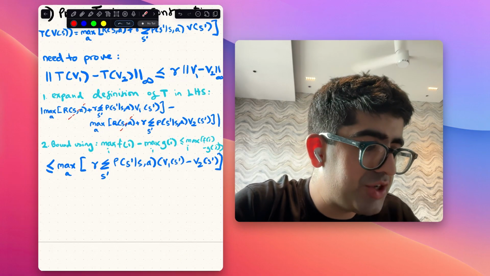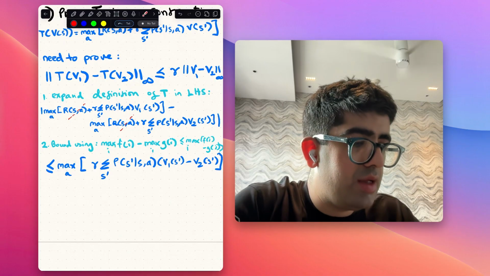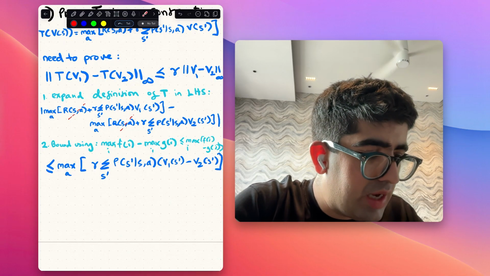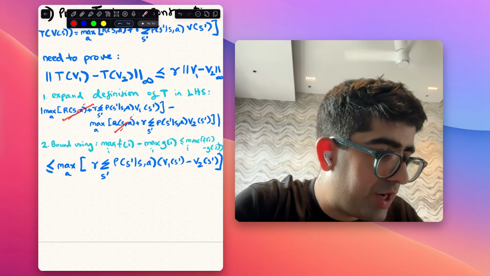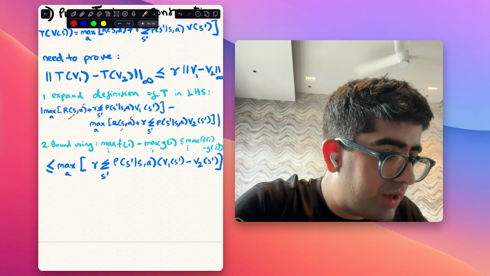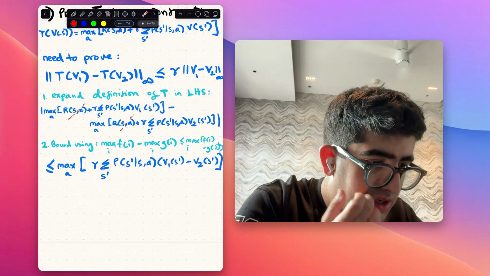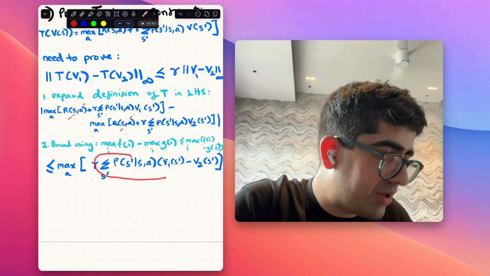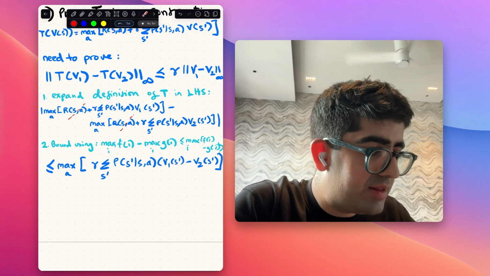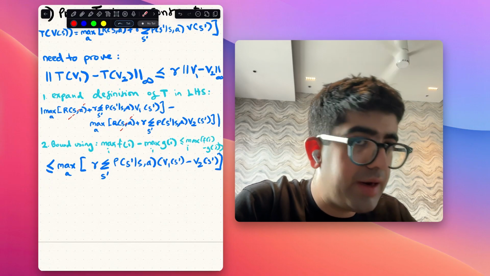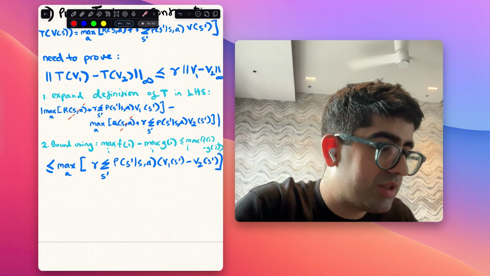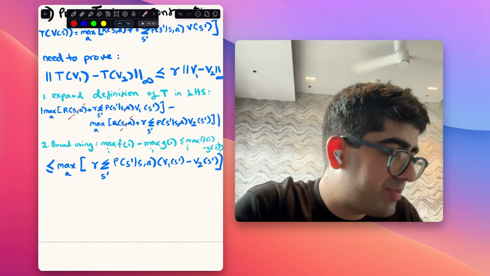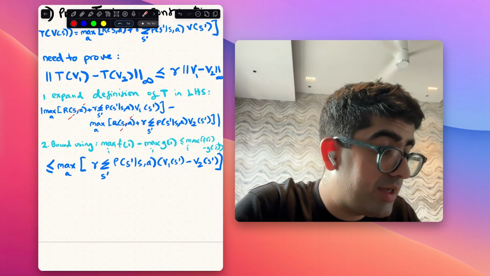Some of the simplifications that we made are that since we have this minus sign over here, the rewards get subtracted out, and also we can take the gamma times the sum over probabilities outside, and this is then multiplied by the residual of this expression, which is just v1 of s prime minus v2 of s prime.